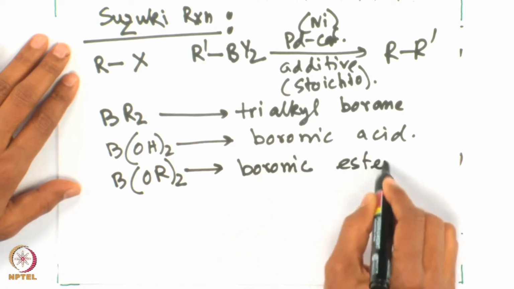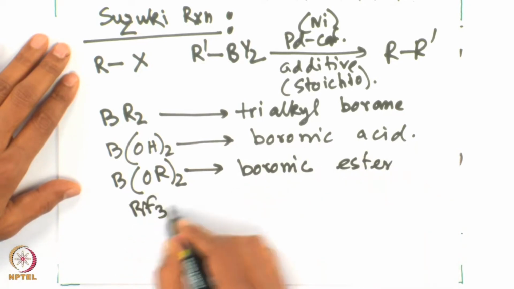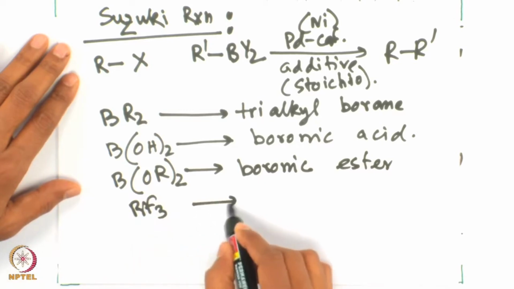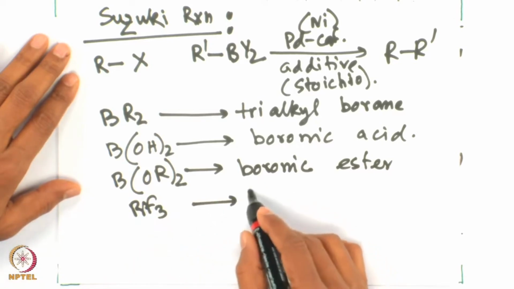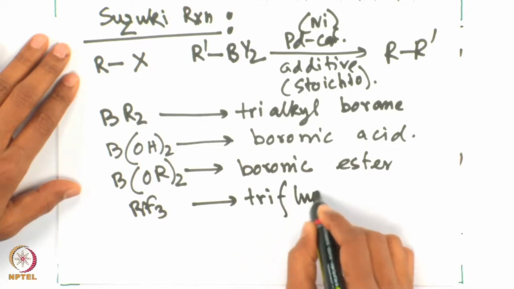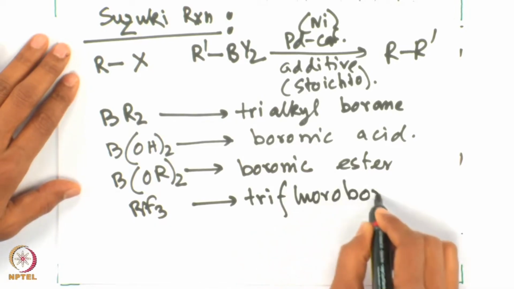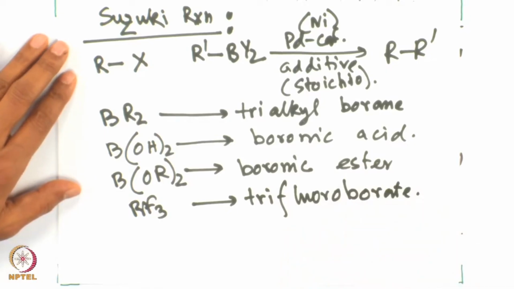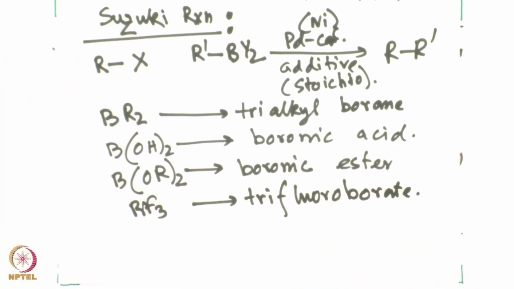If you have aryl trifluoroborate, usually called Molander salts, that can also be used as the coupling partner for these reactions. So, there are many different organoborane reagents that can be used for the Suzuki coupling reaction, but invariably they end up giving the product quite nicely.